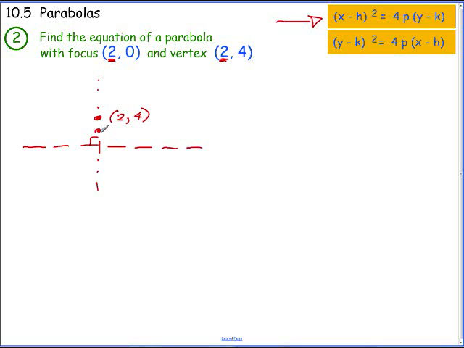So that's halfway between, that's 2, 0. Oh, this one's interesting because what I was assuming about the directrix and where it was going to be turns out to be false. It's not going to lie below.